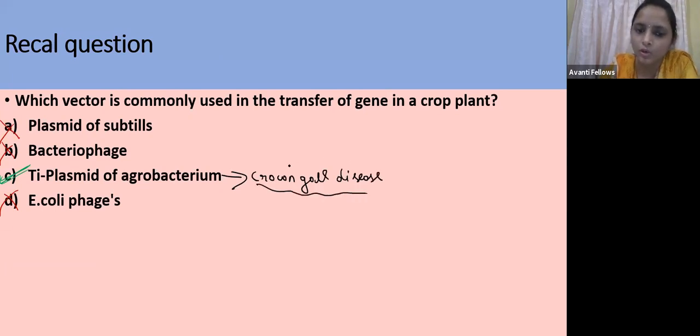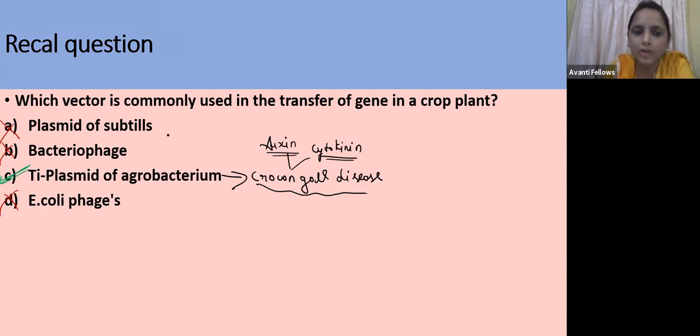It synthesizes two types of hormones, auxin, a plant hormone, and cytokinin. This is the reason for overgrowth of the plant, which causes the crown gall disease. So we use the Ti plasmid for transferring the gene to the plant.